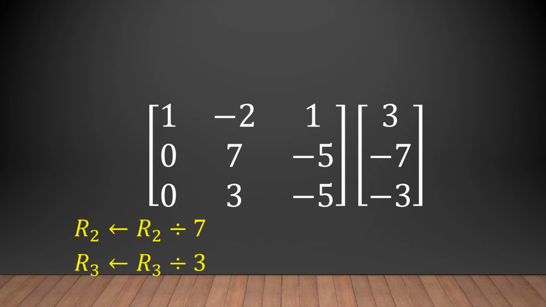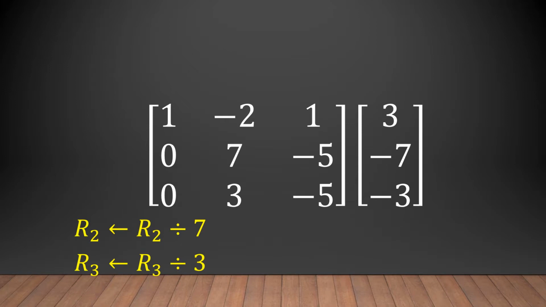Row 2 is replaced by row 2 divided by 7. Row 3 is replaced by row 3 divided by 3. And again, this is that second rule that we talked about. What you do to one side of an equation, you have to do to the other side, or basically you can multiply through by any non-zero constant. Here we're actually dividing, or if you want to say, we're multiplying by the reciprocal.